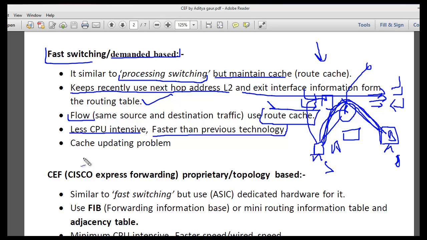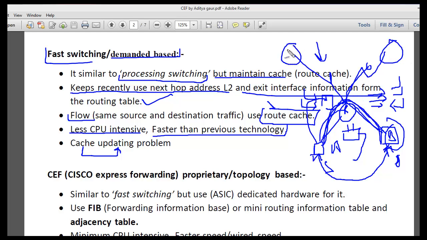But there is a little problem with caching. Sometimes cache updating may take time. What I mean to say is that earlier you may have a cache with the information to forward packets from computer A to computer B. But maybe computer B, or a router, is taken out and connected to some other port or some other link.